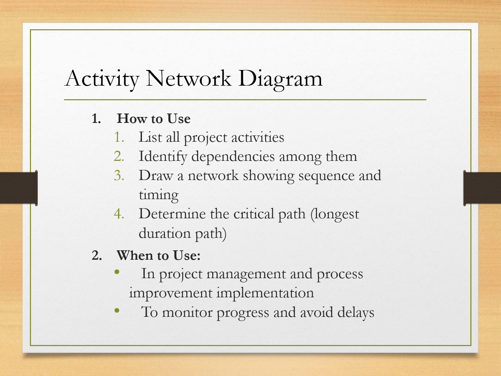To create an activity network diagram, we need to list all project tasks and then identify which tasks depend on others and what must happen first. And then we draw our network using boxes or circles for activities and arrows to show sequence and timing.